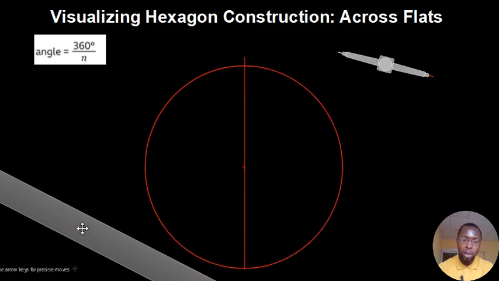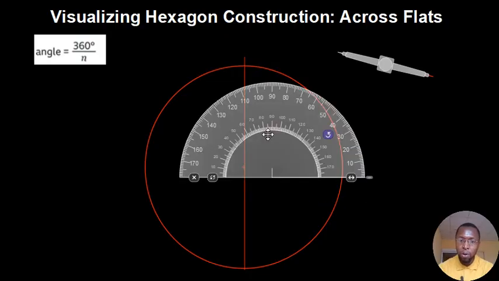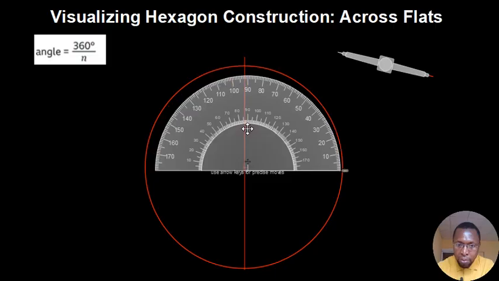So having done that, you can now remove your set square. The next thing is to construct another diameter that will be at 60 degrees to this diameter. And how do you achieve that? Simple. You get your protractor, place it at the center of your circle.